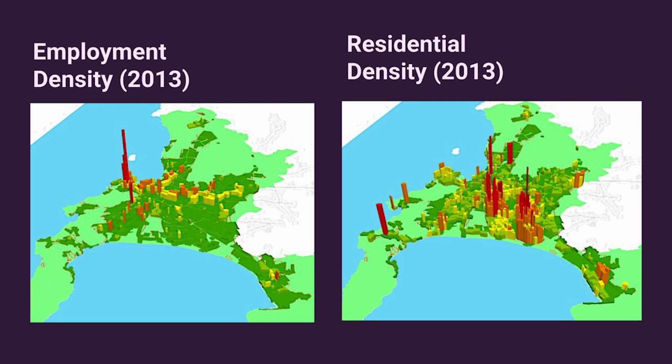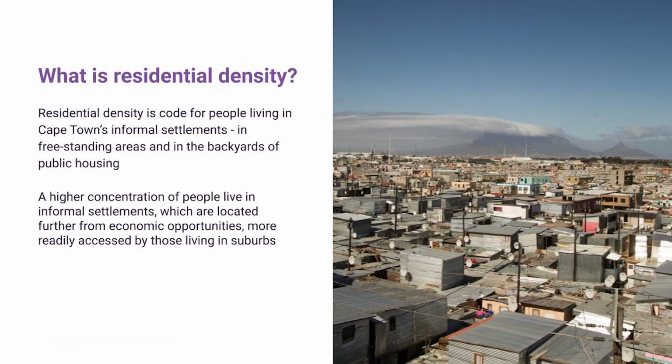Now, if you contrast the red peaks, which is employment density, with the red peaks in the second map, which shows residential density, you'll see that they are in completely opposite parts of the city. Residential density is code, in the case of this map, for people who live in informal settlements in Cape Town.